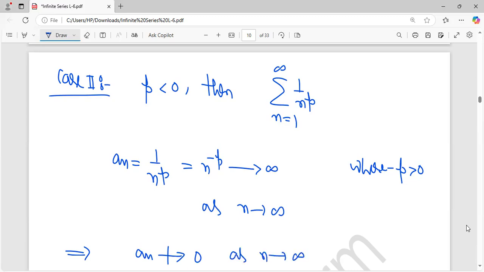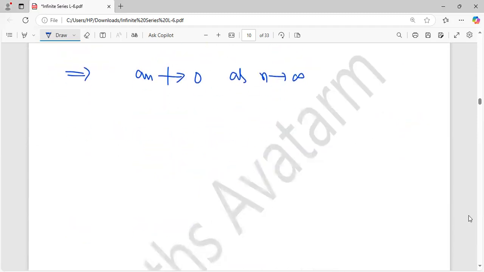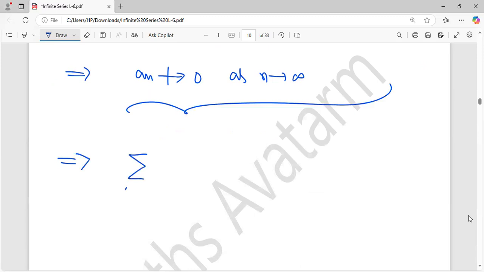So it means a convergent series' nth term always tends to 0. If it does not tend to 0, what does it mean? It means this series a_n is divergent.